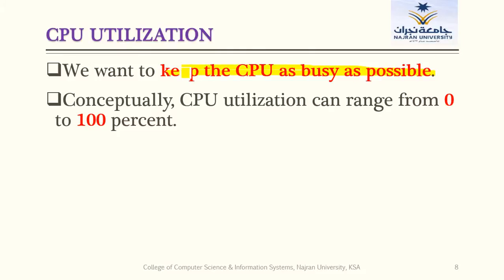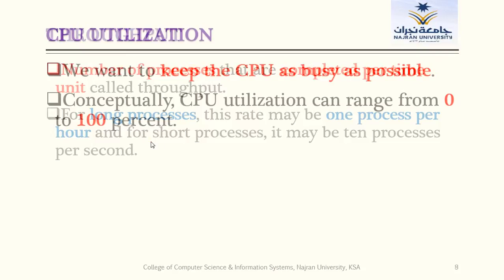This is our objective, that we don't want our processor to become idle or in sleeping mode. So we want to make our CPU as busy as possible. There is a range from 0% to 100%. So the algorithm which will utilize our CPU more will be the best one.